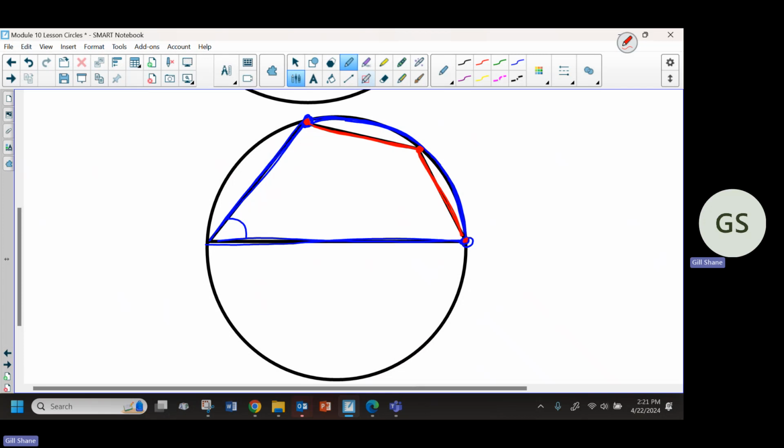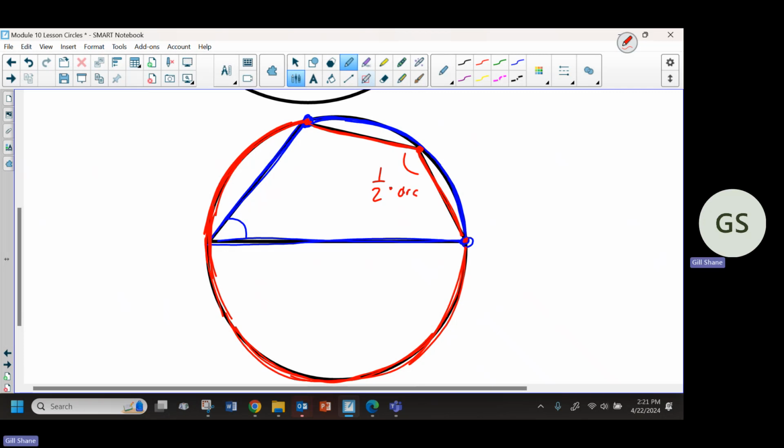That angle has the same endpoints, which means this arc is the arc associated with that red angle. So this red angle here is associated with this big red arc. Well, then we know this angle is 1/2 times the big red arc.